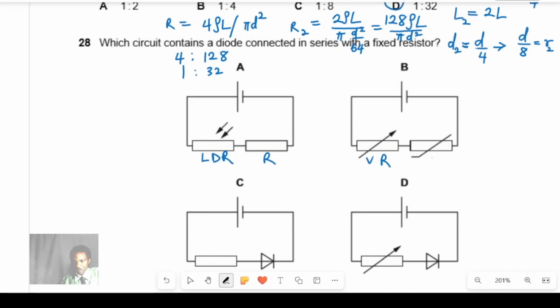This is a thermistor. And then the answer: a fixed resistor and a diode connected, that is this one. Fixed resistor, diode.